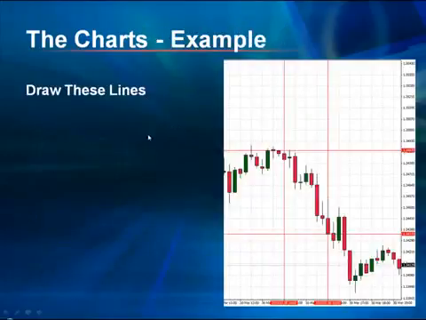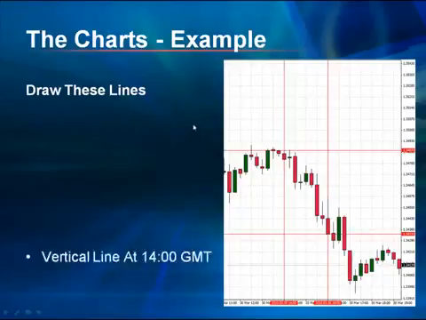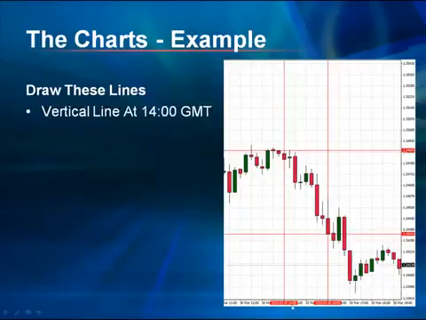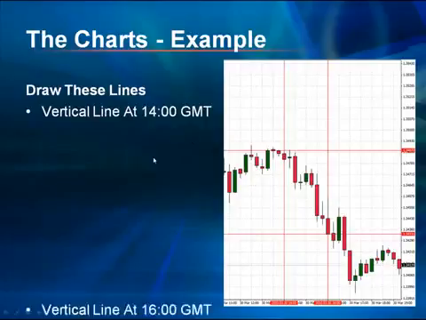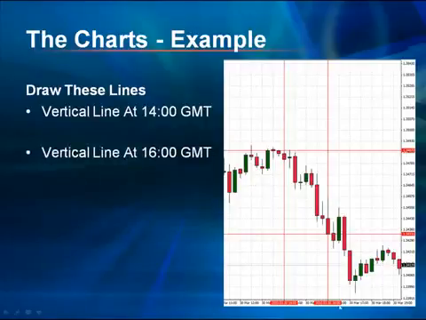So just to show a clearer example before we show you this in MetaTrader, we're going to open a 15-minute chart, and then draw 4 lines on that chart. We're going to draw a vertical line at the 1400 hour, straight up with just a single click in MetaTrader. I'll show you how to do this in a second. We're going to draw a vertical line at 1600, again just a single click.